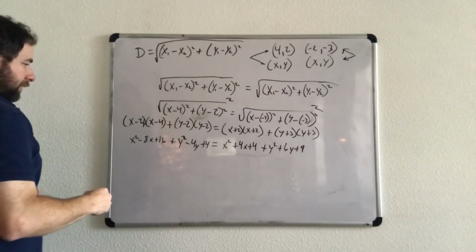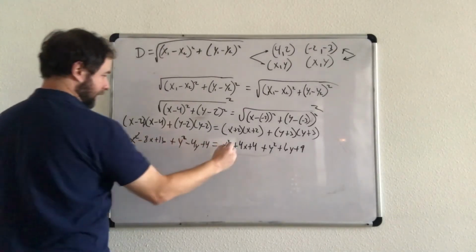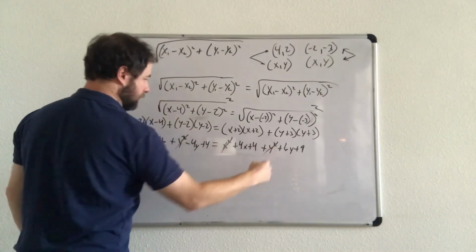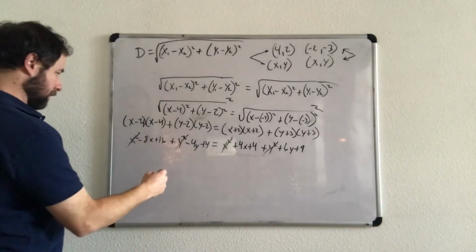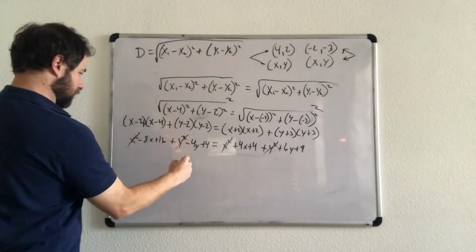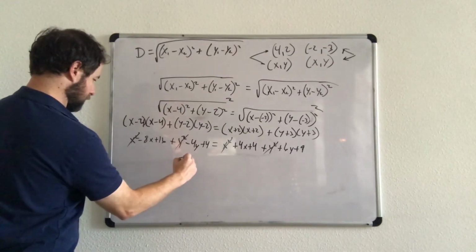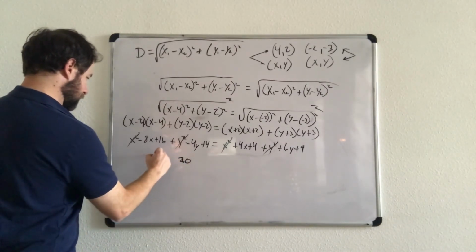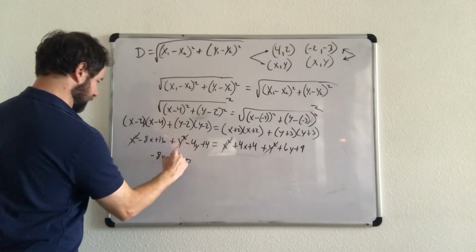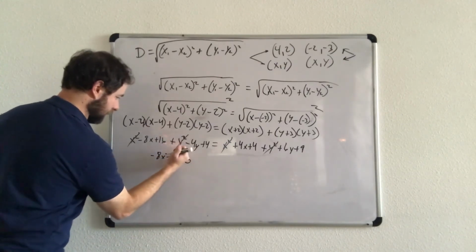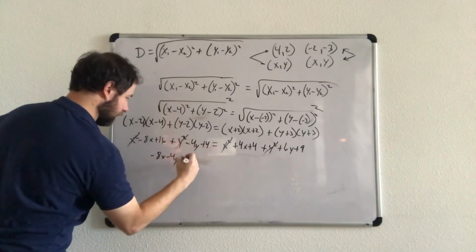Now, obviously, the squares all are going to cancel when you subtract them from each side. You're going to get 20 minus 8x minus 4y. Let's make that better.